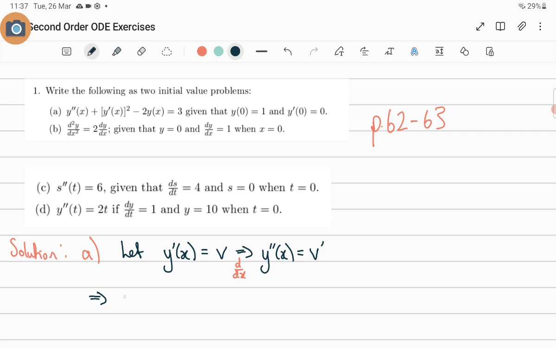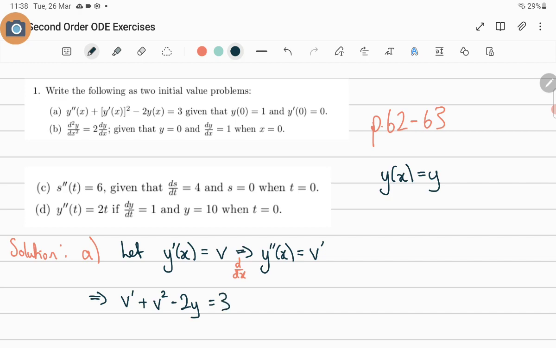So you've got a second derivative, that's v prime, plus y dash squared. Now y dash is the same as v, so that's v squared, minus twice y. You don't really need the of x anymore, like y of x is just equal to y when you get down to this kind of thing, equal to 3.